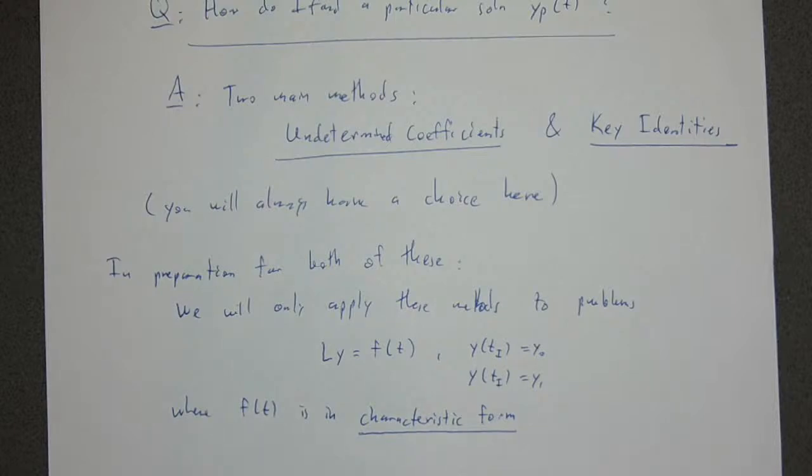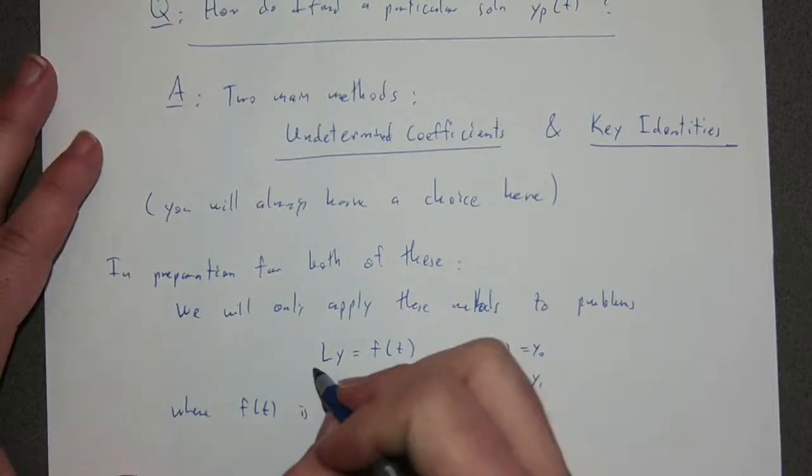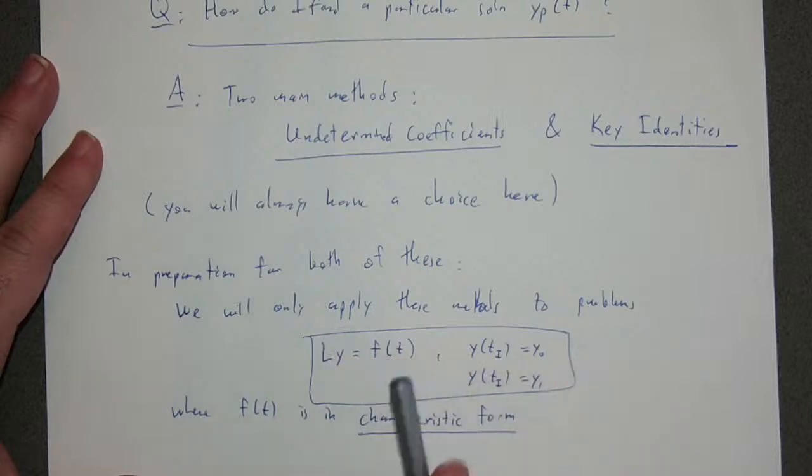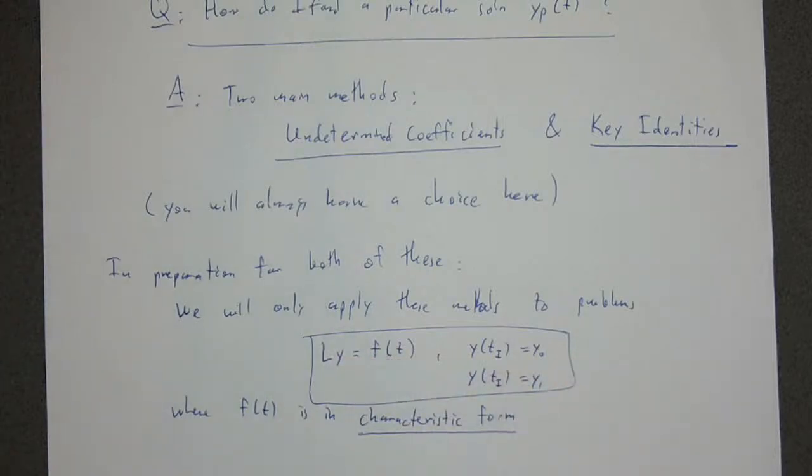So the idea is I want to restrict my attention to functions that are of a form such that when you take their derivative, you get something else in that same form.